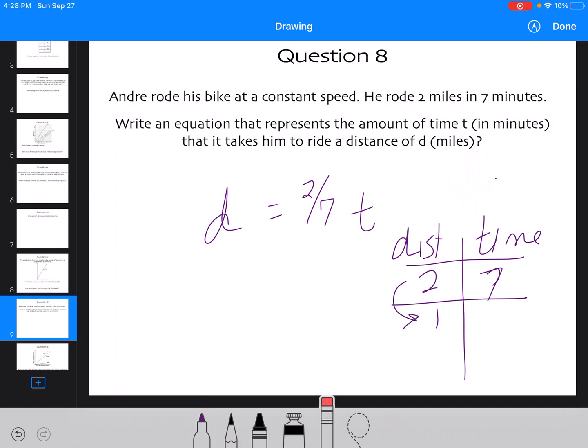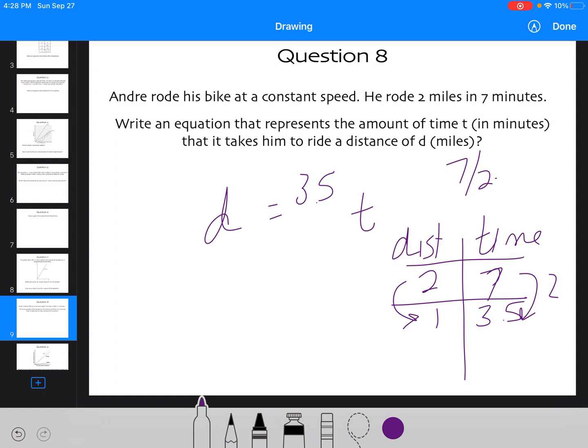I did that upside down. So in 1 mile is in 3.5 minutes.